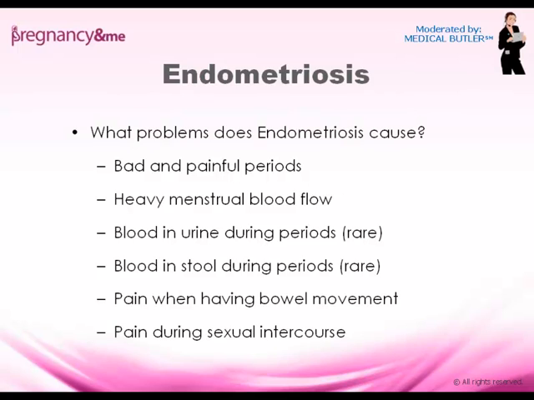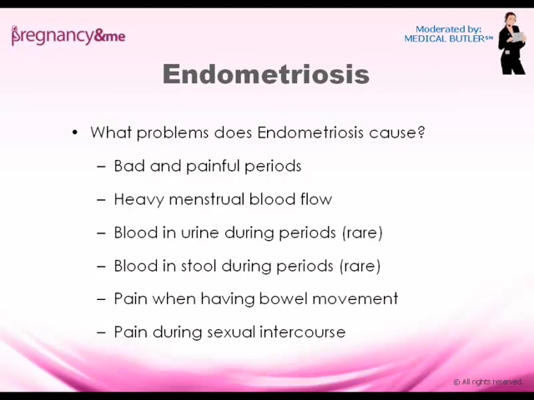This is quite rare, and if you see that, it may suggest that you have endometriosis within the bladder. Now, I don't mean that you see a bit of blood when you wipe yourself at the time of period, because most likely that is just blood mixed in after you've been to the toilet to urinate. That's not what I'm talking about.